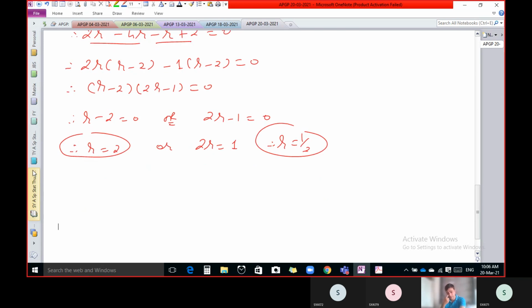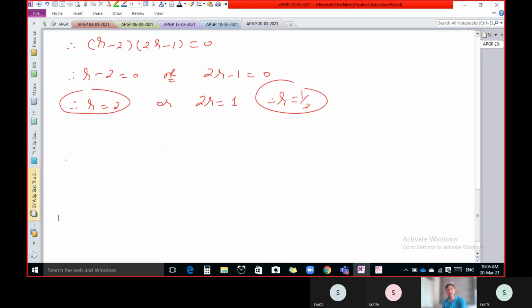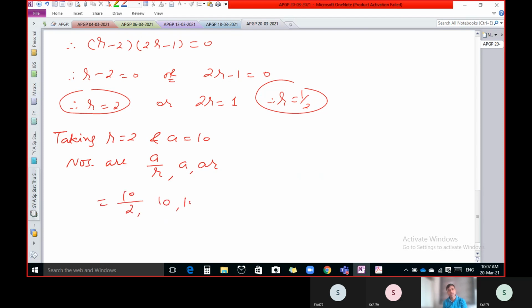Take any one, select any one. So taking r equal to 2 and a is 10 already, the numbers are a upon r, a, ar: 10 upon 2, 10, 10 into 2. So the final answer is 5, 10, 20.